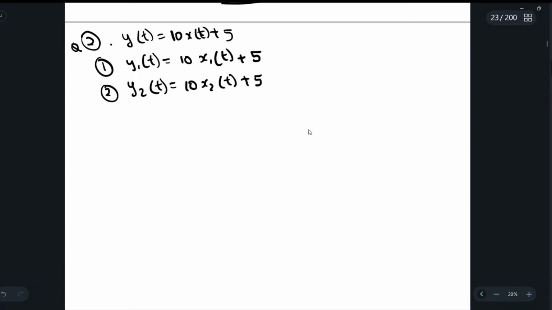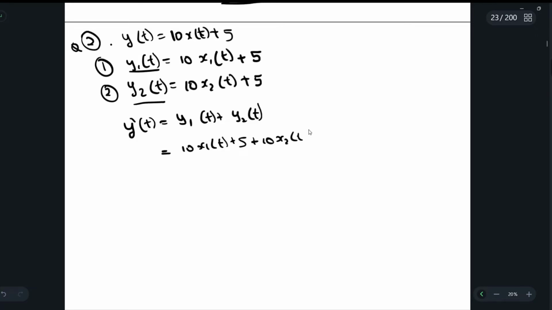Now guys, what we will do is we will simply add y1t and y2t, and we will write that as y dash t. That is, this will be the sum of y1t plus y2t. And on doing that, what will you get? You will get it as 10 of x1 of t plus 5 plus 10 of x2 of t plus 5.